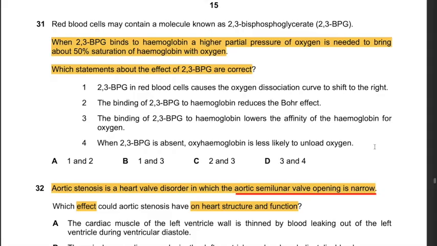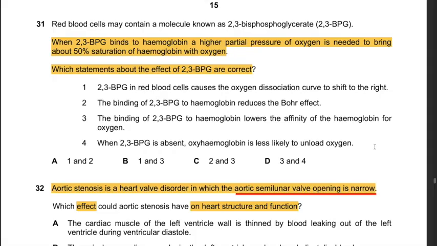Let's look at 1. 2,3-BPG in red blood cells causes the oxygen dissociation curve to shift to the right. That is correct because when it binds to hemoglobin, since a higher partial pressure of oxygen is needed to bring about 50% saturation, that means the Bohr effect increases. When the Bohr effect increases, the curve shifts to the right. And effect 3, the binding of 2,3-BPG lowers the affinity of hemoglobin for oxygen.